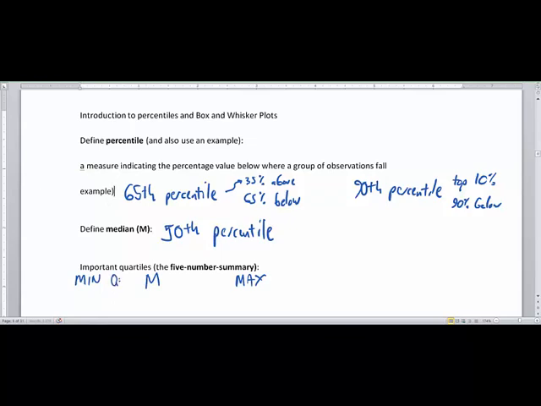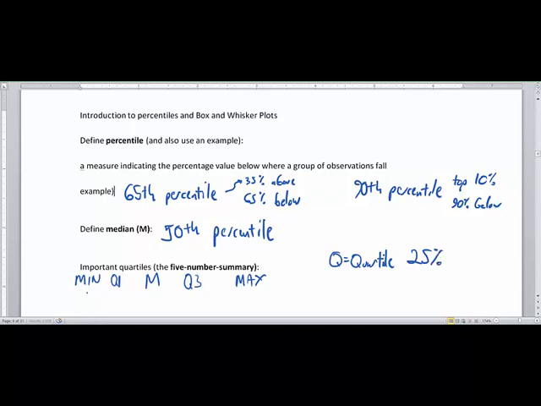There's also the Q1 and the Q3. Now, in Q1 and Q3, the Q stands for quartile. And if you are thinking about the word quartile, you might think about quarter, right? Well, that's good because quartile means 25%.